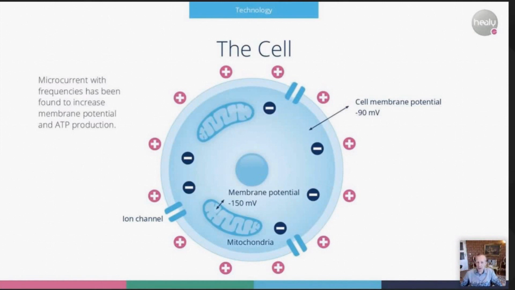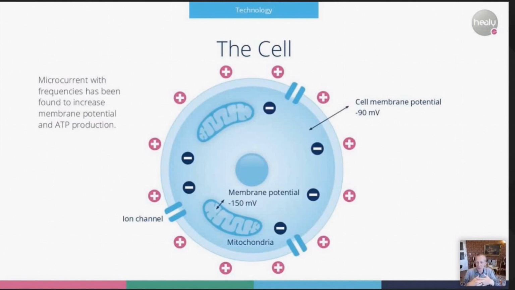I found there is a very interesting way to measure the cell membrane potential non-invasively by measuring the bioimpedance and a related parameter from the bioimpedance, which is called the phase angle. So we have done lots of experiments here in our laboratory, and have seen that actually the low microcurrent frequencies applied by Healy can increase this.